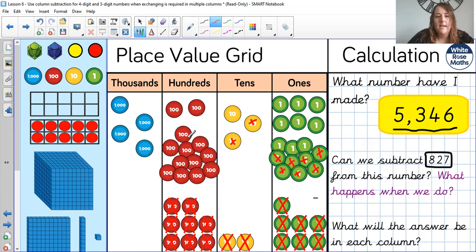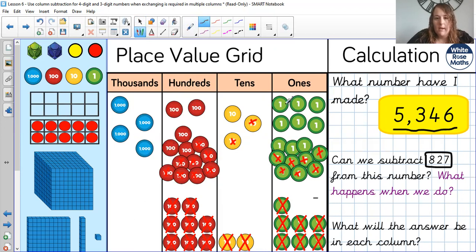So it's still showing there those 10 hundreds, and I need to take away 8 of them. So, oh no, it's not showing 13 because that one was there. So 1, 2, 3, 4, 5, 6, 7, and 8. And then I've got my thousands, 4,000, and there's nothing to subtract.